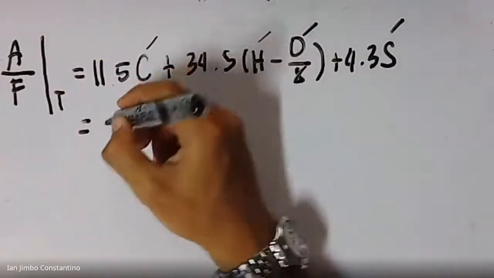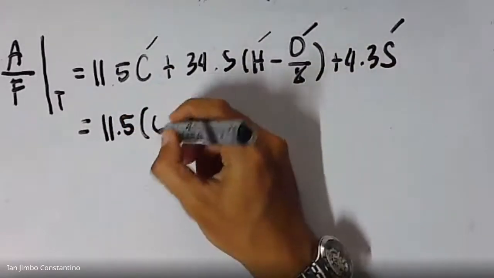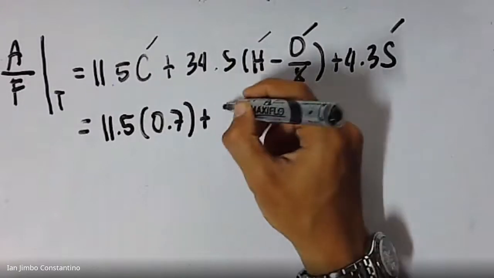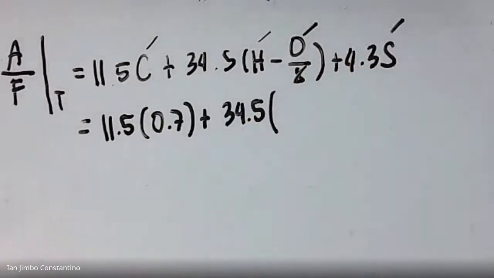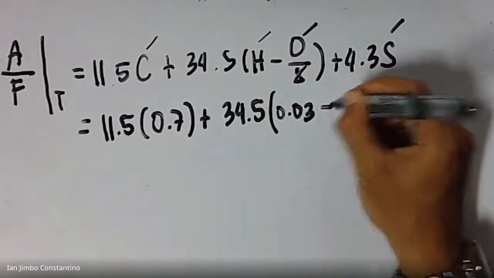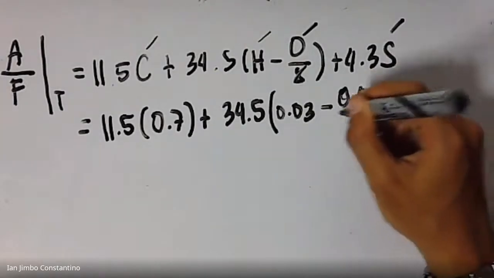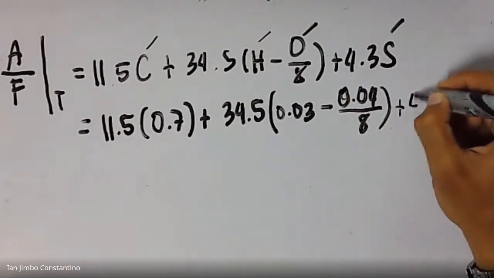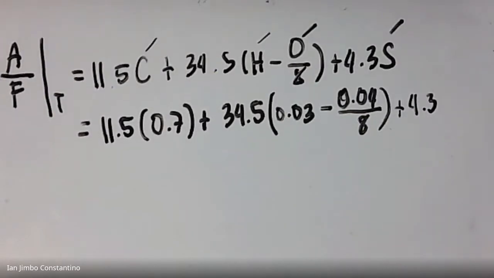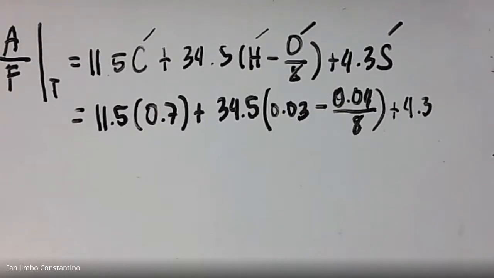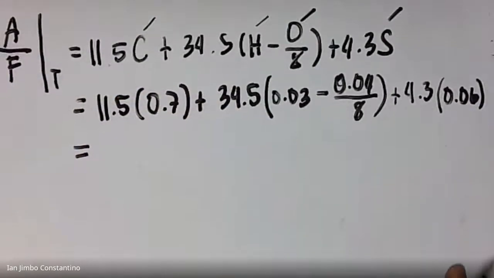So 11.5, carbon is 70%, so we'll put that as 0.7, plus 34.5 times H, which is 3%, so that is 0.03, minus the oxygen, which is 4%, 0.04, divided by 8, plus 4.3 times S, which is 6%, 0.06. Okay. So that is for the theoretical.